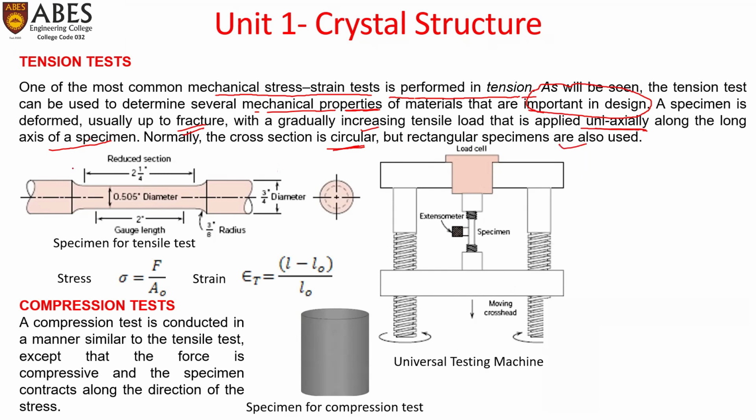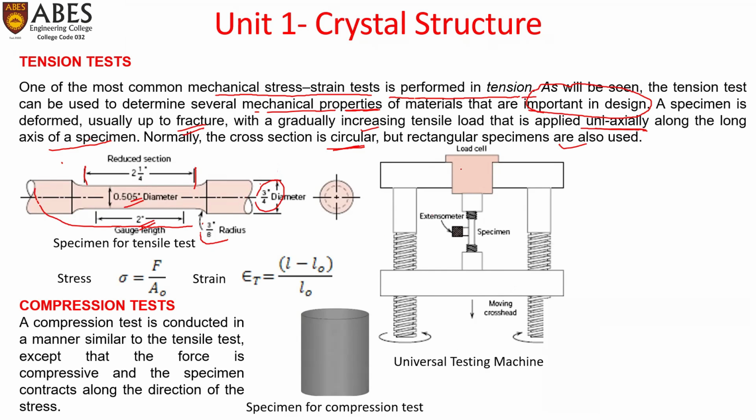A typical specimen for tensile test is as shown in the figure. Here you can see there is a reduced section, a portion of reduced section having 2 1/4 inches length, and the specimen having a reduced cross section of 0.505 inches diameter. The 2 inches of gauge length would be applicable for calculations, having 3/8 inches radius and 3/4 inches diameter overall, where we hold the specimen in the machine.